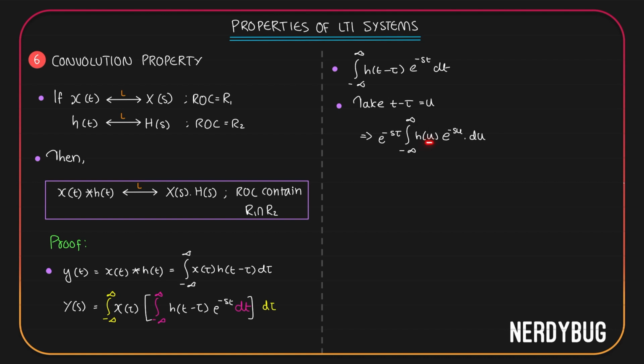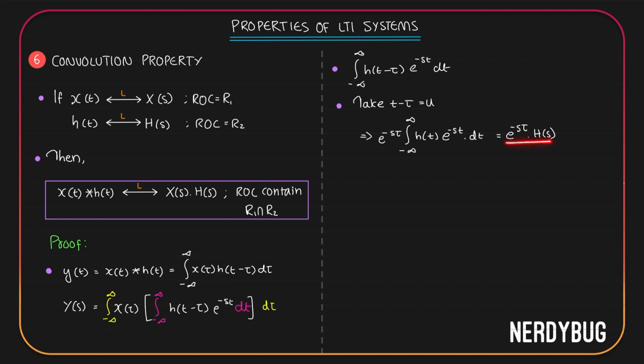We know it doesn't matter what you call the variable over which we are integrating, which is u here. I am going to call it t. Now what we have over here is the integral from minus infinity to infinity of h of t e raised to minus st dt, which is H of s. So this is equal to e raised to minus s tau H of s.